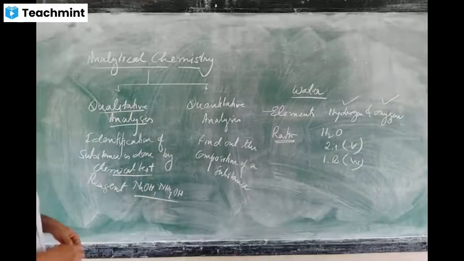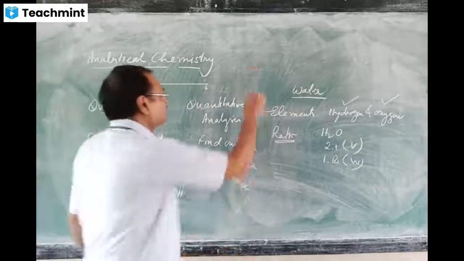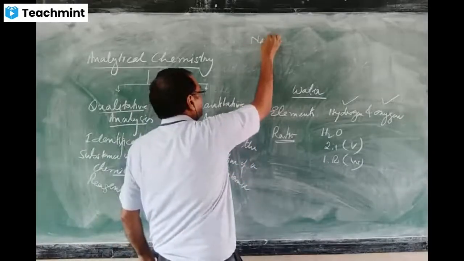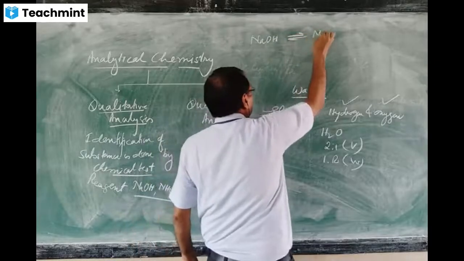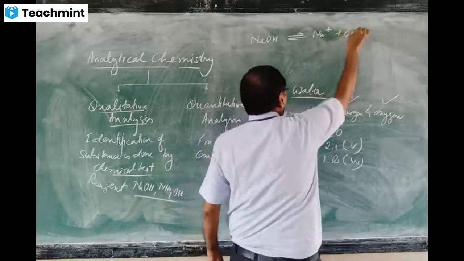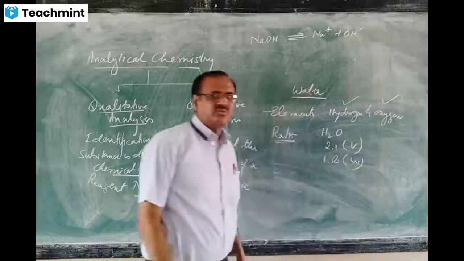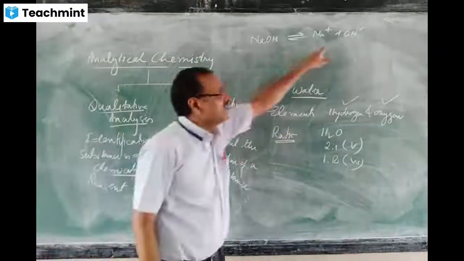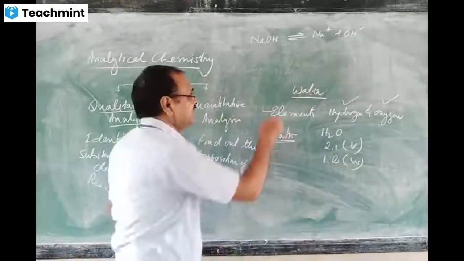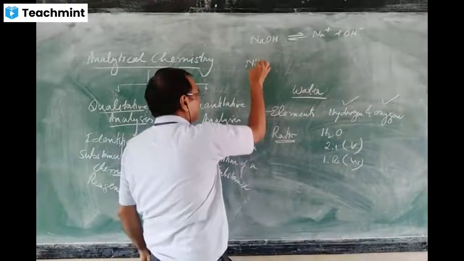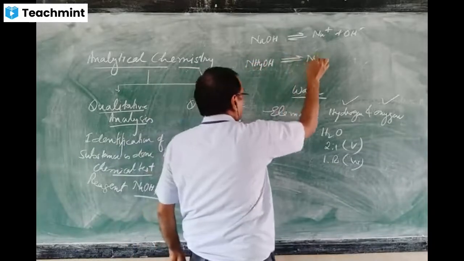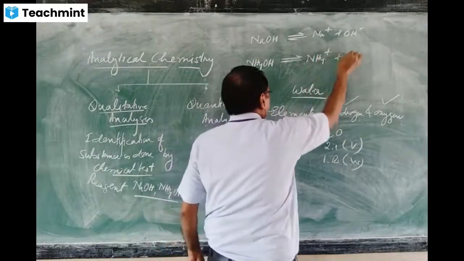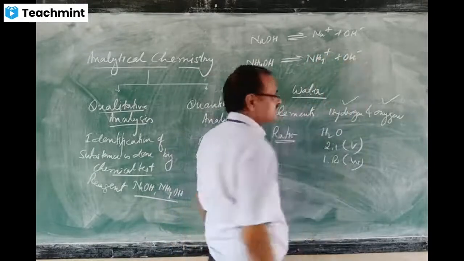Sodium hydroxide dissociates to give sodium and hydroxyl ion. In the same way, ammonium hydroxide dissociates to give ammonium ion and hydroxyl ion.